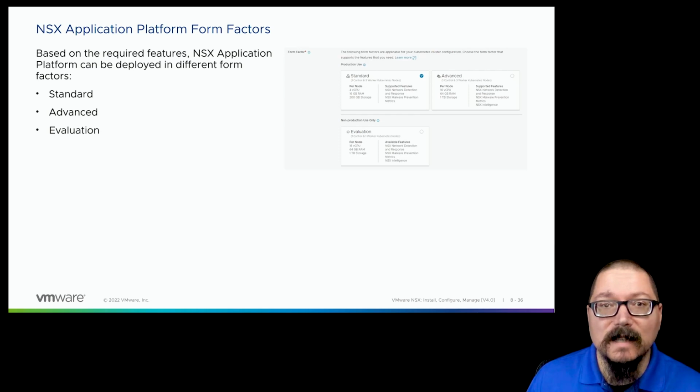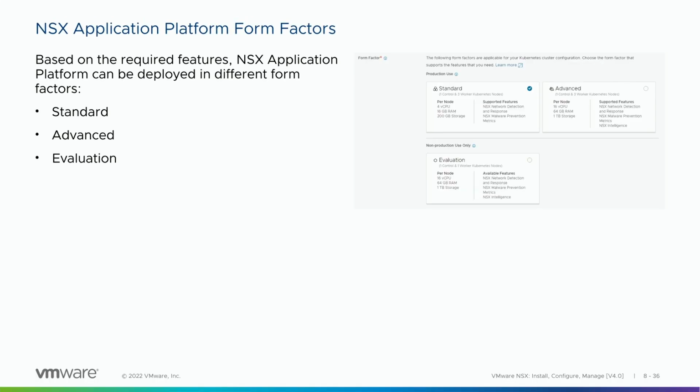So 16 times 3 virtual processors and 64 gigs of memory times 3. That's a pretty significant resource jump. Now, the evaluation mode is a single worker node with 16 virtual processors and 64 gigs of RAM.